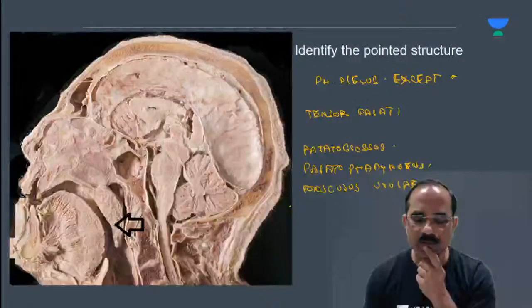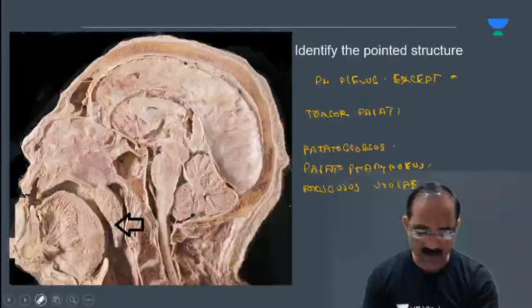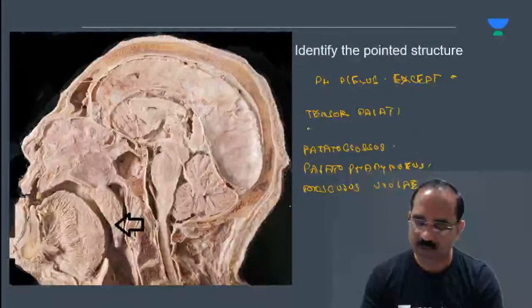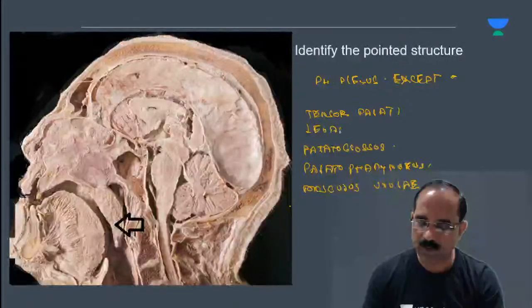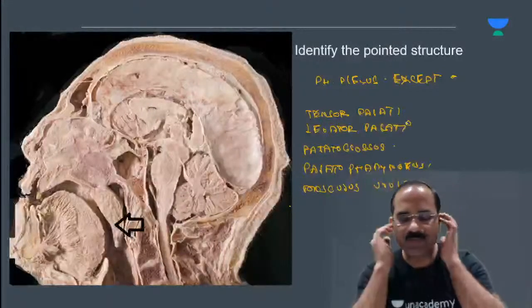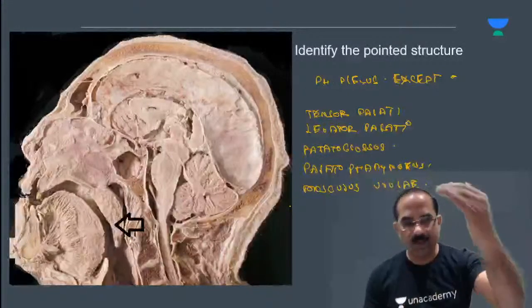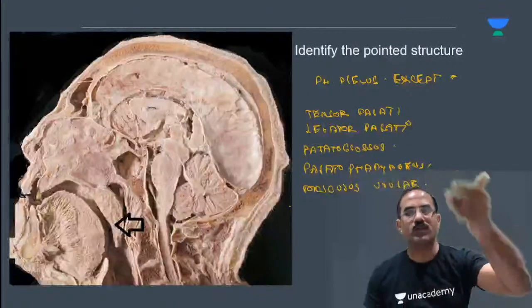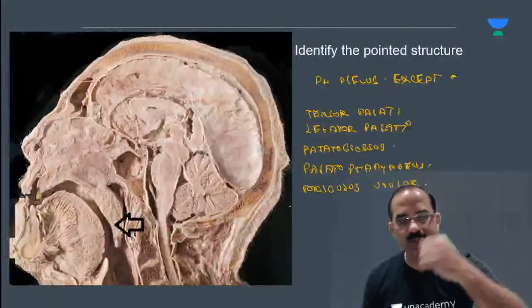One would be the levator palati, not tensor tympani. Tensor tympani is in the ear. So: tensor palati, levator palati, palatoglossus, palatopharyngeus and musculus uvulae.